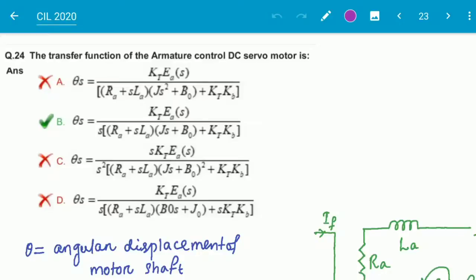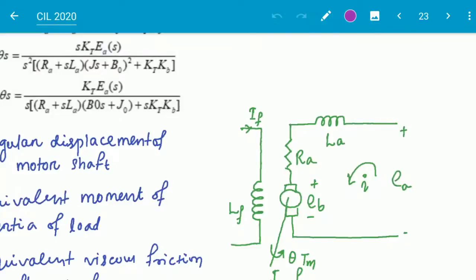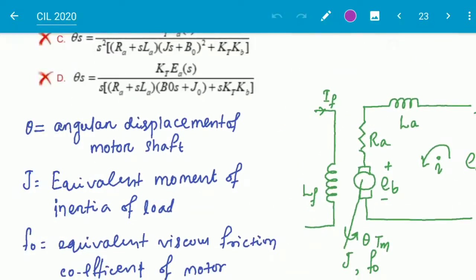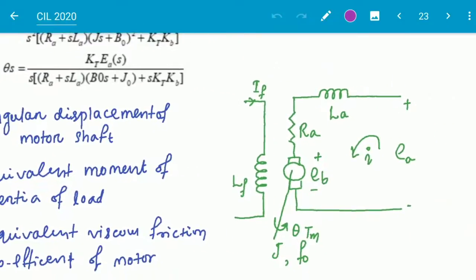Next question number 24. The transfer function of the armature controlled DC servo motor is, for armature controlled DC servo motor, first we have to understand this. Here is the field, here is the armature, here is the armature resistance, and here is the armature inductance.